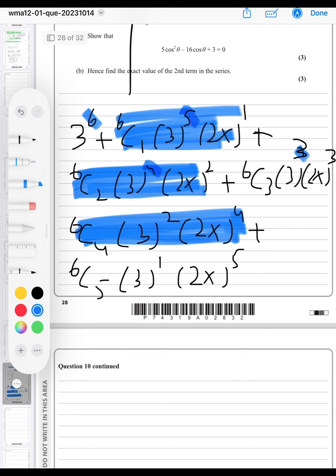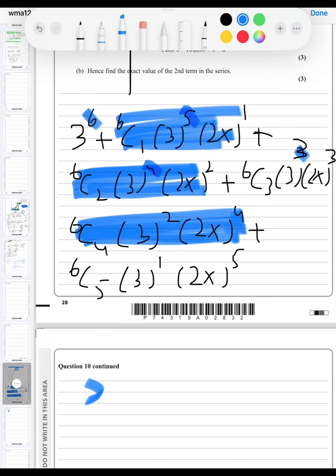By putting them in the calculator, I will get the answer. 6c1 times 3 to the power of 5 times 2, so the second term is 2916 x.